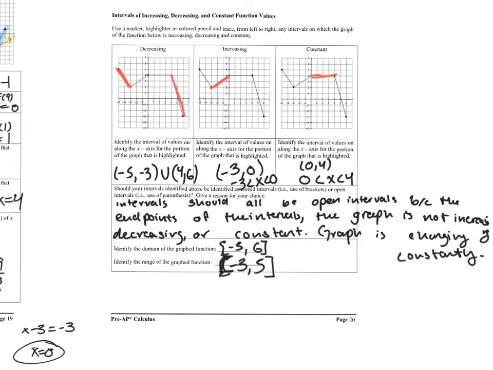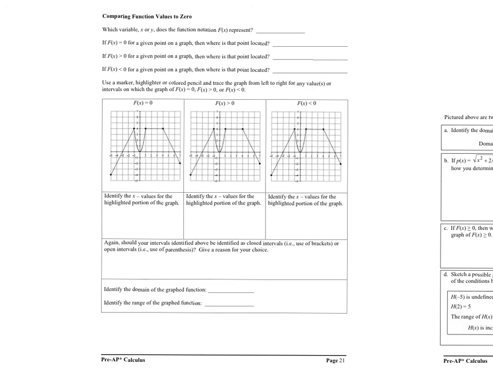All right, comparing function values to 0. Which variable, x or y, does the function notation f of x represent? Okay, that is on the y values. If f of x is equal to 0 for a given point on a graph, then where is that point located? Okay, it is on the x-axis, okay?